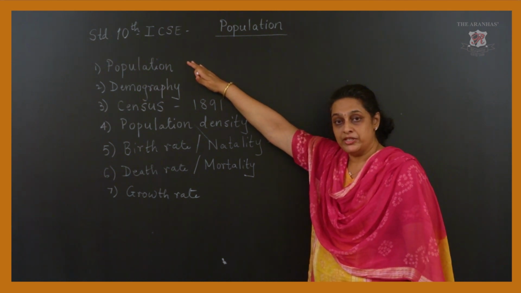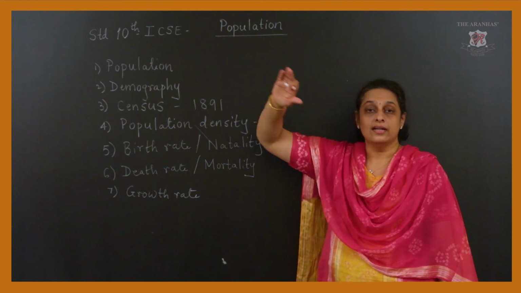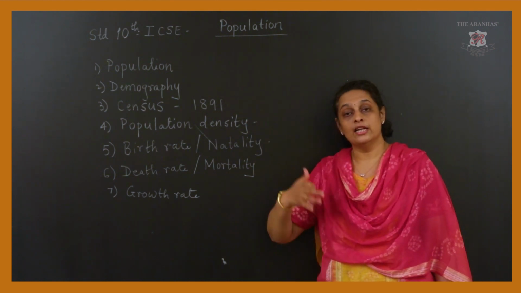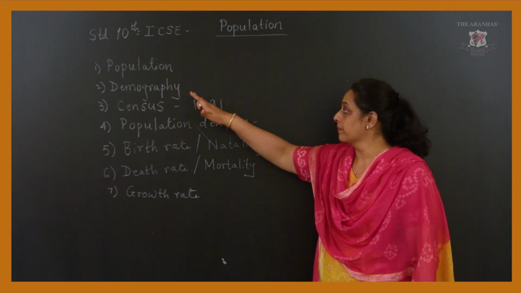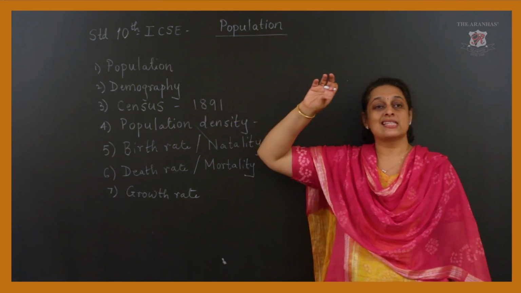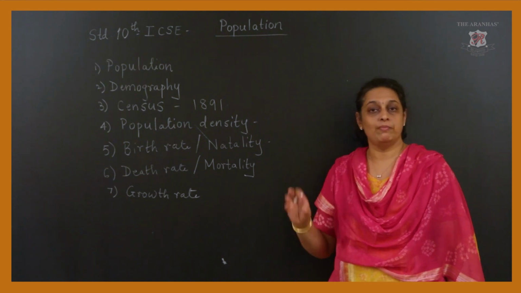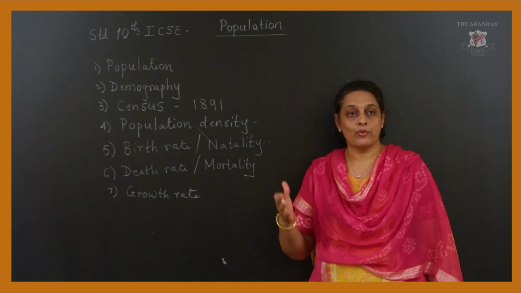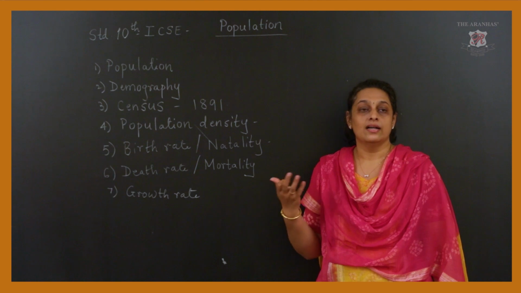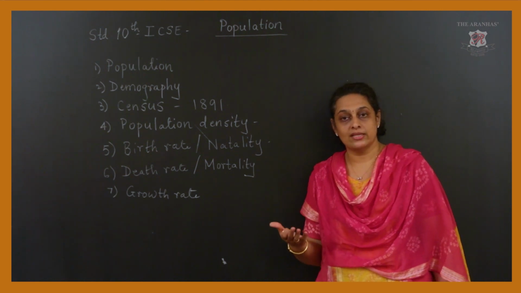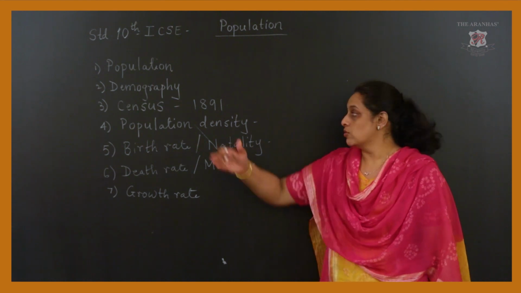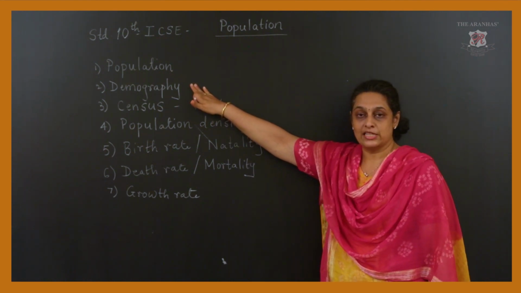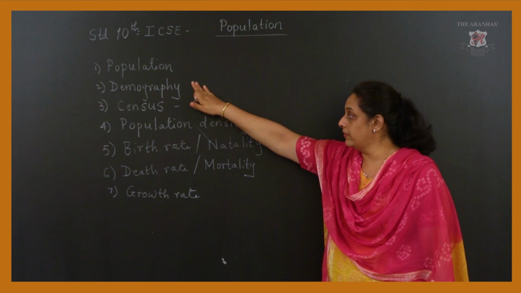belonging to the same species, and the individuals are interbreeding, and such a group is called a population. Then demography is studying the human population, keeping in mind many other things like what is the age, what is the birth rate, death rate, how is the density. So all those aspects are studied in demography.